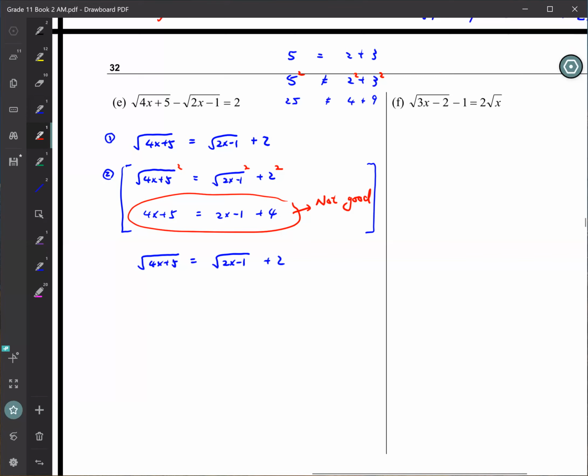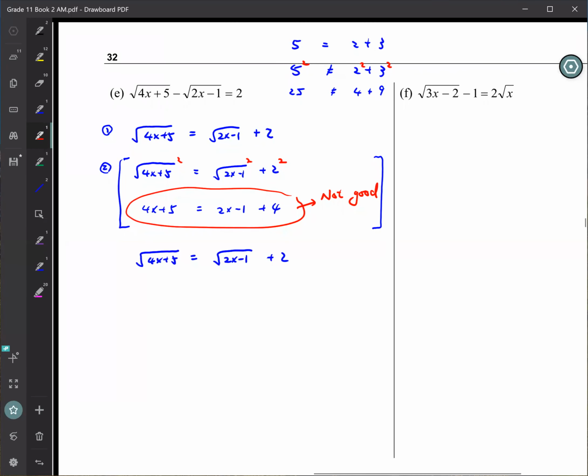You mean to the left side? Then root 4x plus 5 minus root. Then it's back to the original question. Original question is like that. Oh yeah. We cannot square each one like that, right? Otherwise, we would have done that already, right?